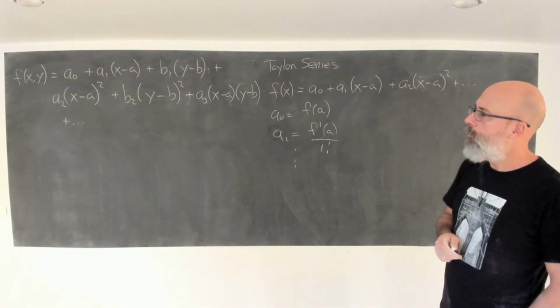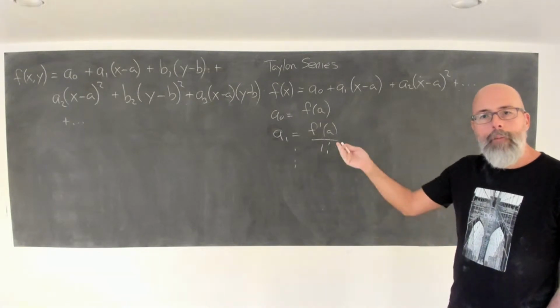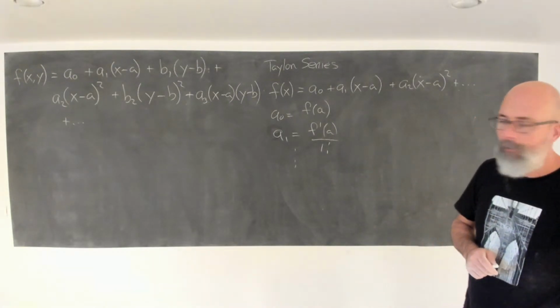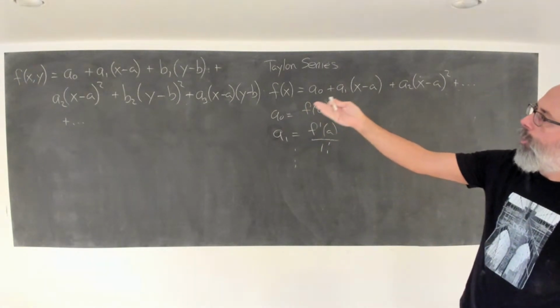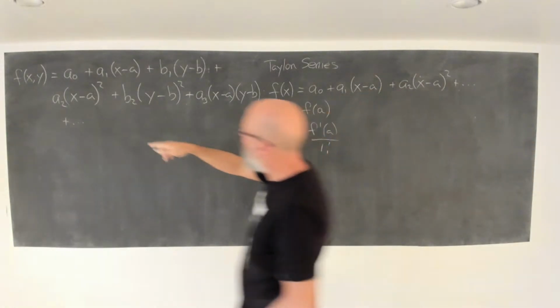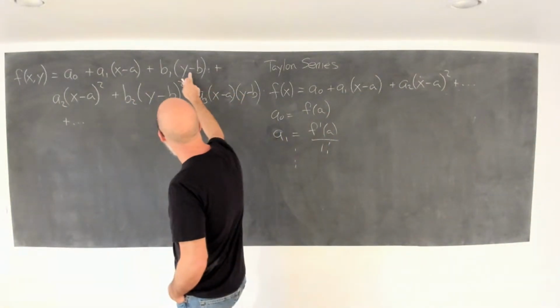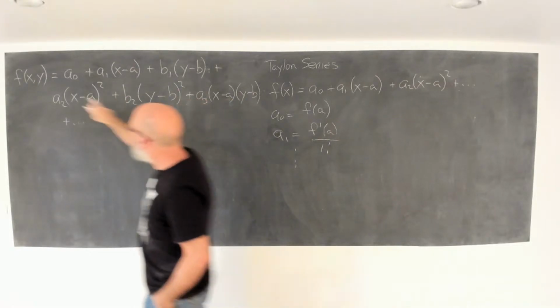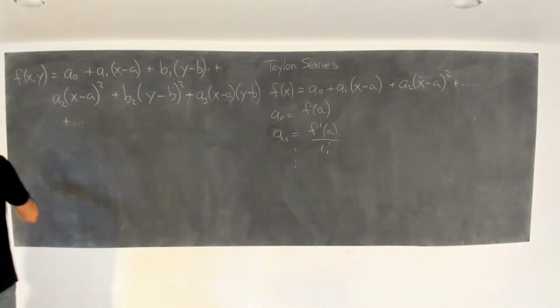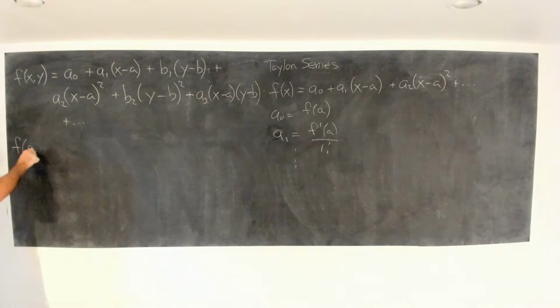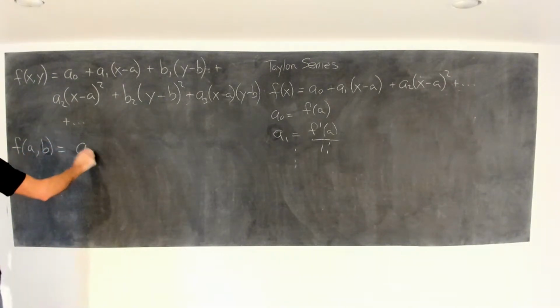For some reason, our book does not. So I'm just mentioning it in passing. And you can work out, right? I mean, you see that if you plug in x equals a and y equals b, everything cancels except the first term. So f of ab is a0.